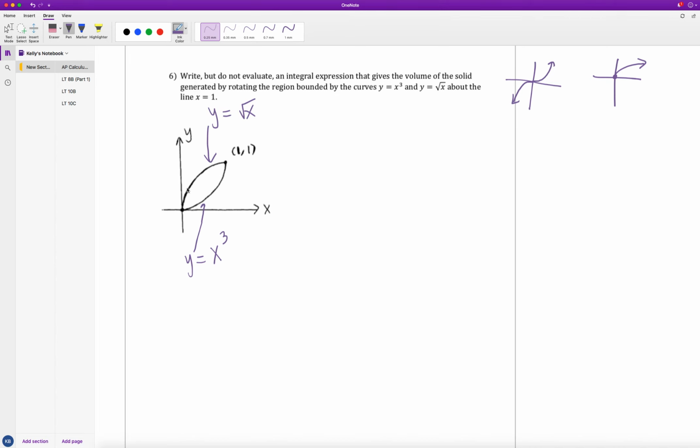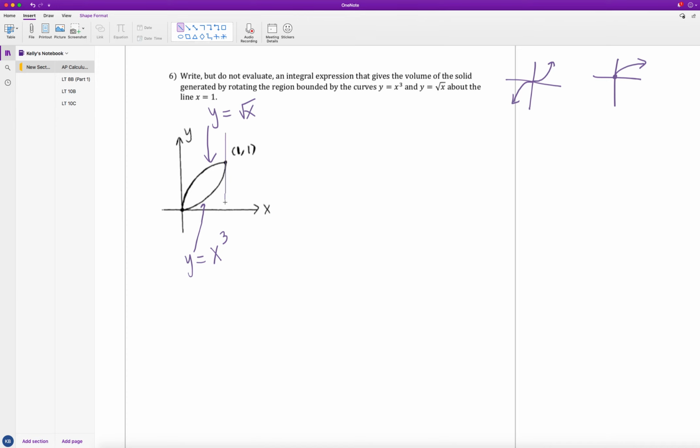Now they're taking this petal-like shape and they're saying rotate it about the line x equals 1. Well, x equals 1 is a vertical line. It's the line that's going to touch this point right here and run vertically there. Let's insert a straight line for us to see this.